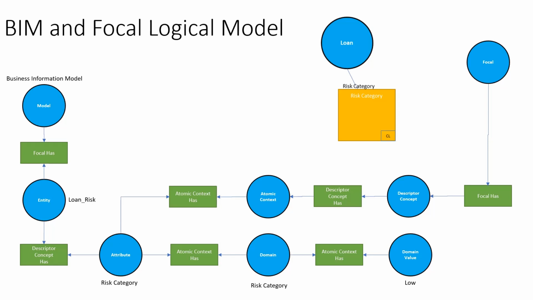And it has its atomic context, risk category. The attribute is from the BIM model. It is sort of reused for the focal representation in the metadata. So you can, through a simple SQL, see how the business information has been represented in the focal logical model.